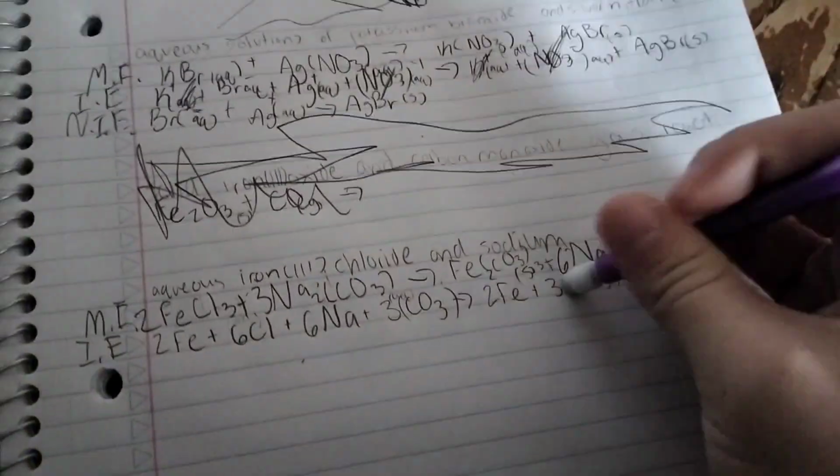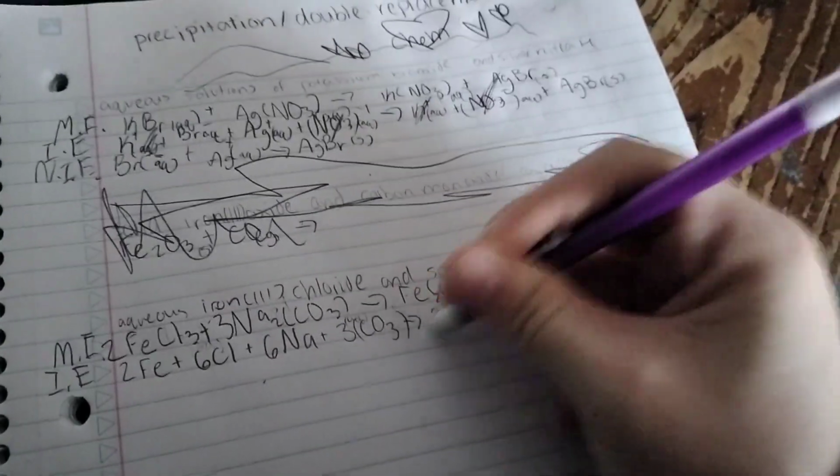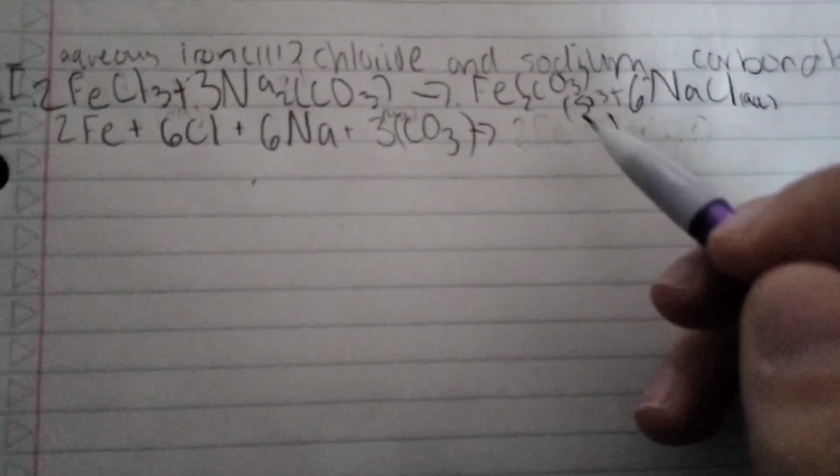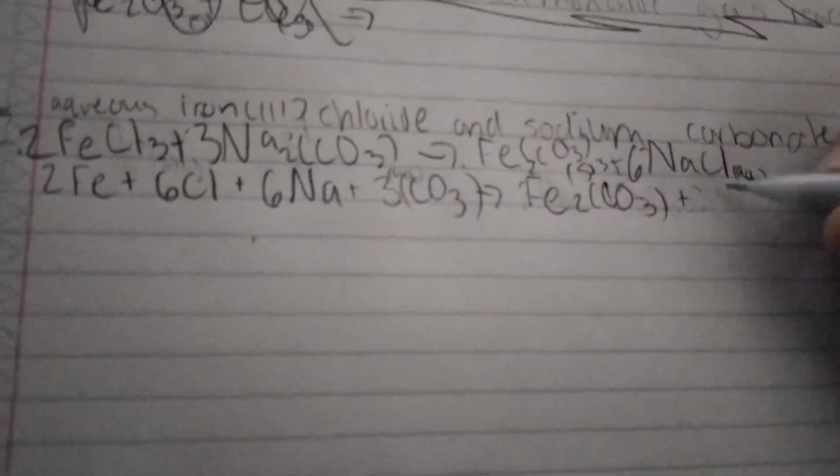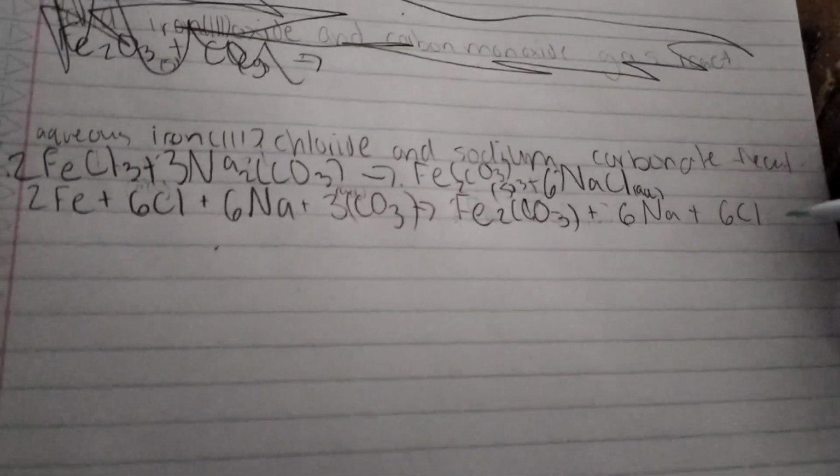I just made a mistake. A grave mistake. And hopefully you caught it. Iron carbonate is our solid. Do we split up our solids? No, we do not. Never split up your solids. So you're going to do 6 sodium plus 6 chlorine. And then we're going to write all our charges.